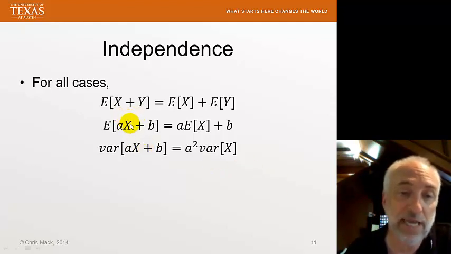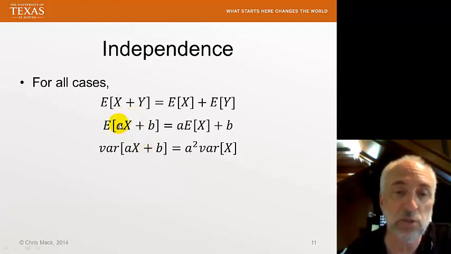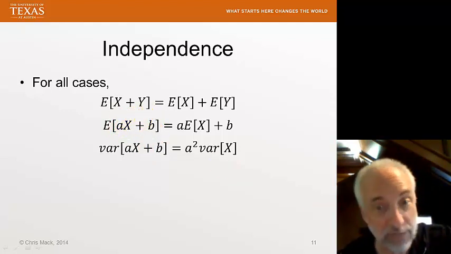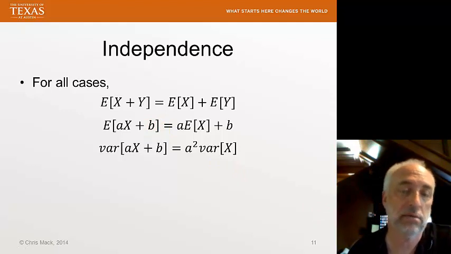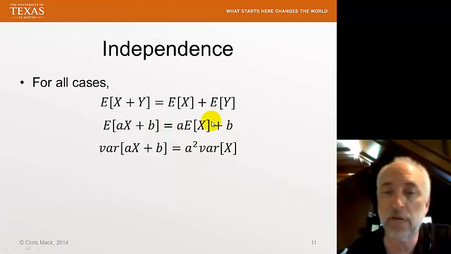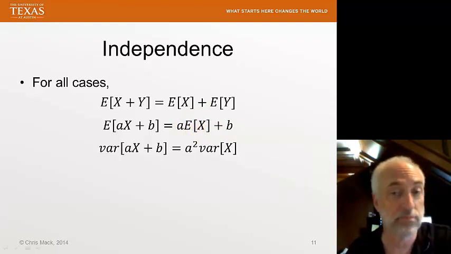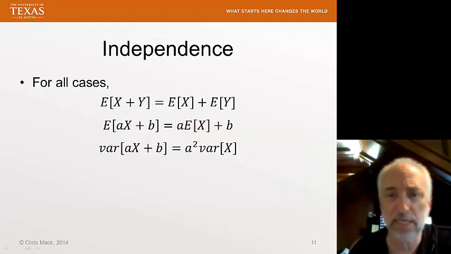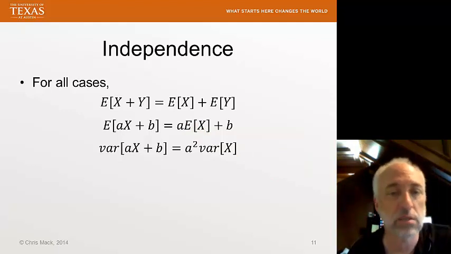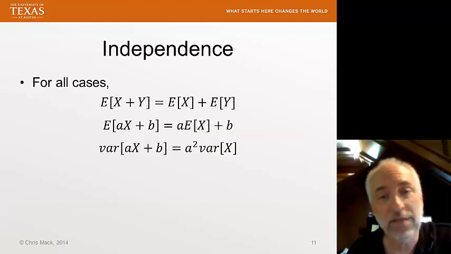Likewise, if I take a random variable and multiply it by a scalar and add a scalar to it, that is, I do a linear transformation on that random variable, I get a linear transformation of its expectation as well. So I simply multiply the expectation by a and add b. Variance, on the other hand, is a bit different.